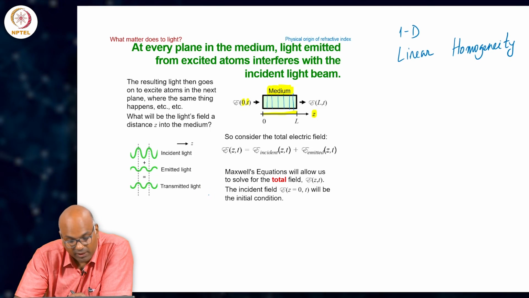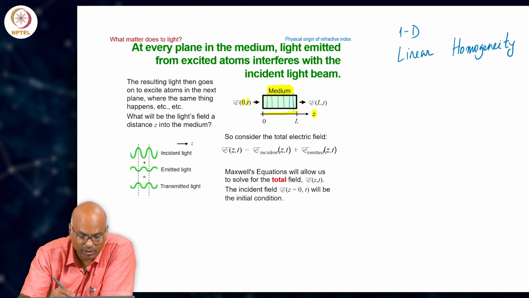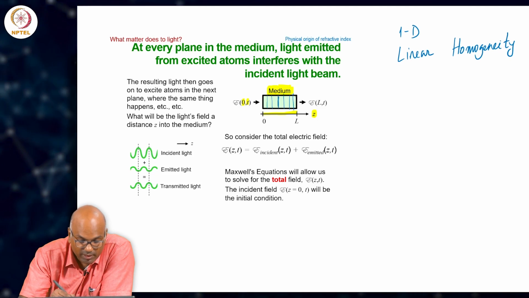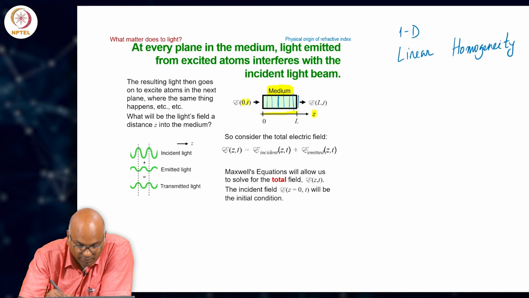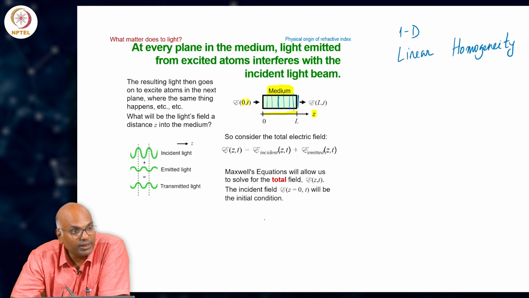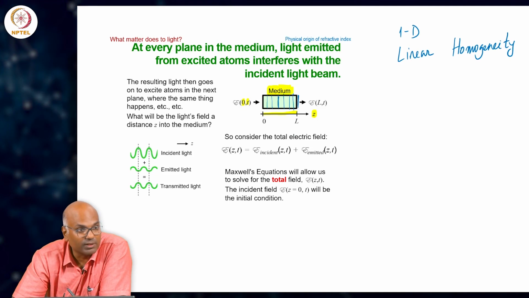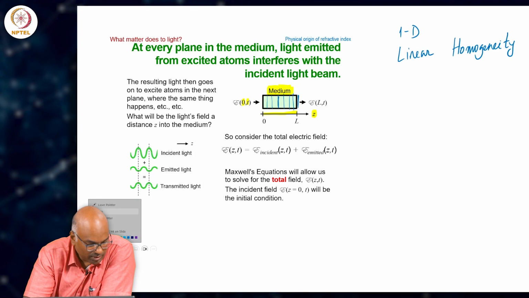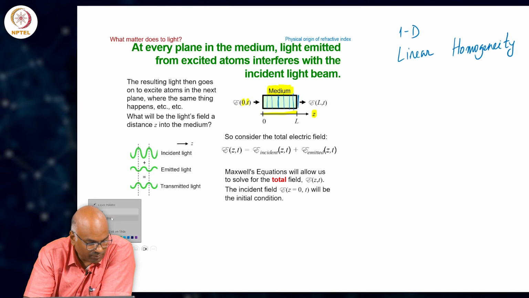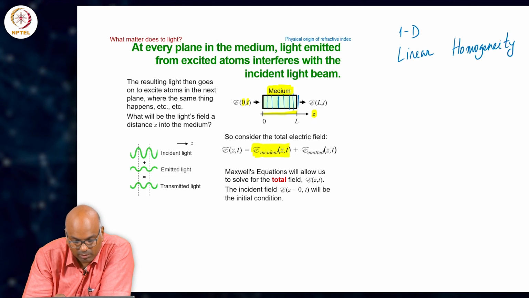Therefore, the wave at any point in the medium, or having passed through the medium, has two pieces to it. One part is obvious: the incident wave itself.